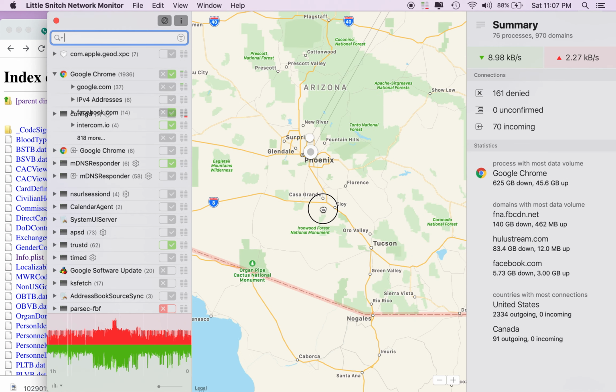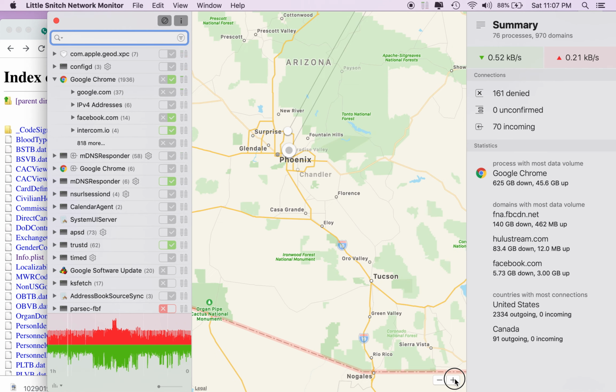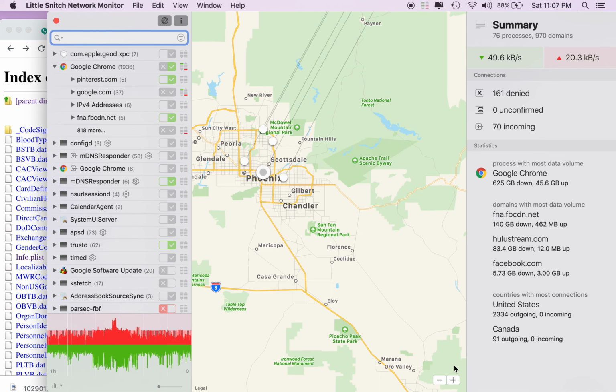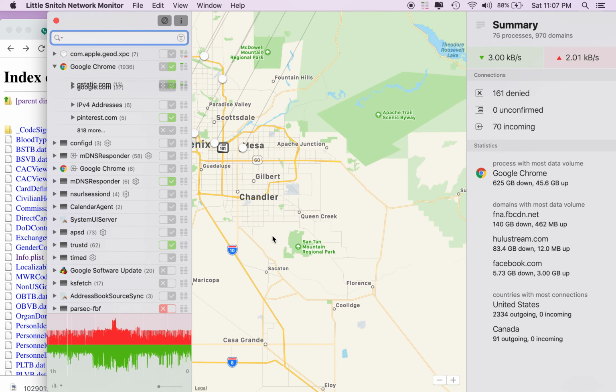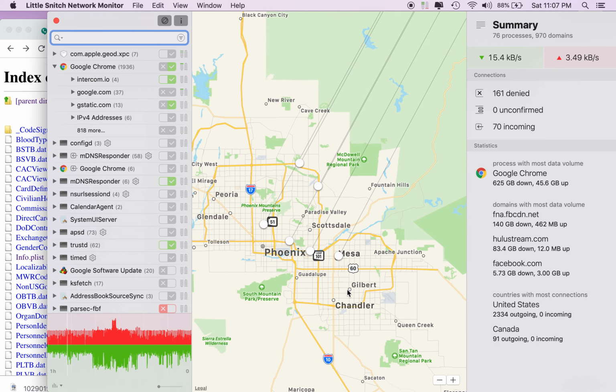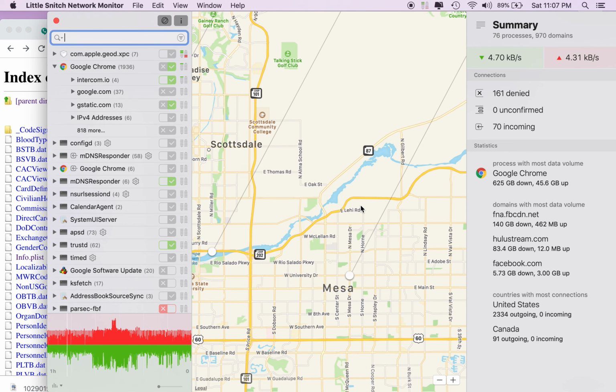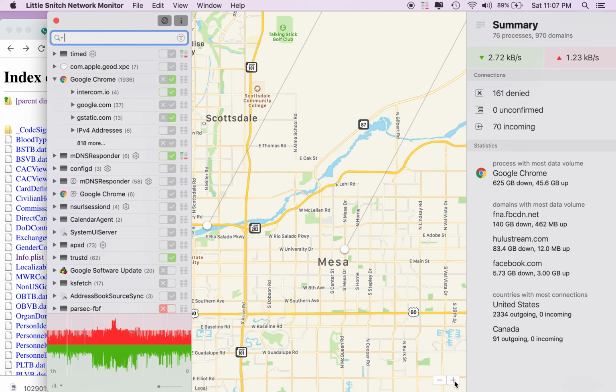And let's take a look. All right. Where is Mesa? Okay, so this location in Mesa has been coming up, and they switch between two different Mormon churches in Mesa.